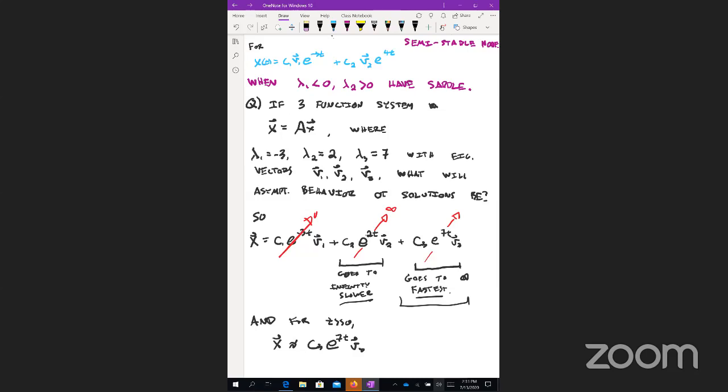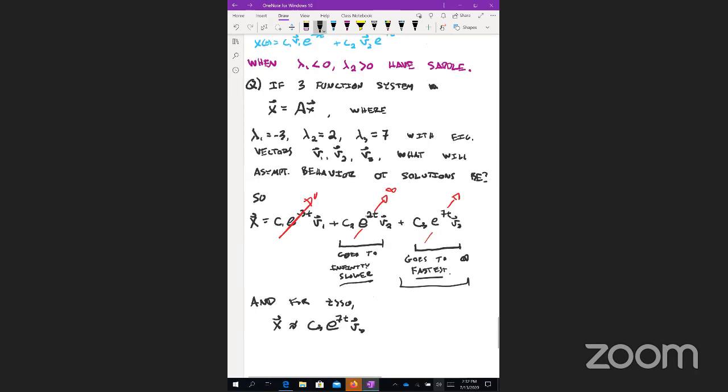You could have more complicated behavior if two of the eigenvalues were actually the same, and that's entirely possible. We're not really discussing that case so much. But if two of the eigenvalues were the same, you could wind up with some more complicated behavior. But that's not generic.